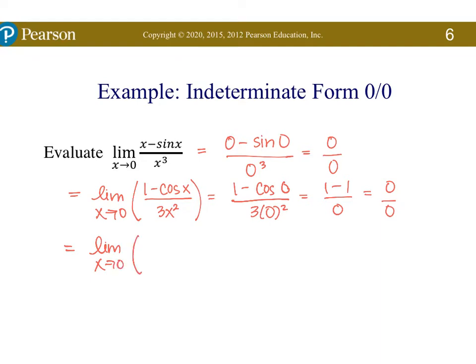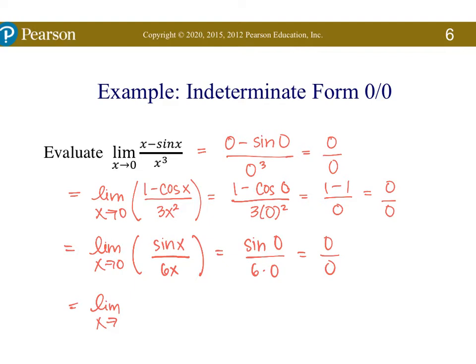So my derivative would be positive sine of x over 6x, which is the sine of 0 over 6 times 0, which is still 0 over 0. And that's the strength of L'Hopital's rule, is that you can continue applying it until you get to the point where you no longer have an indeterminate form.